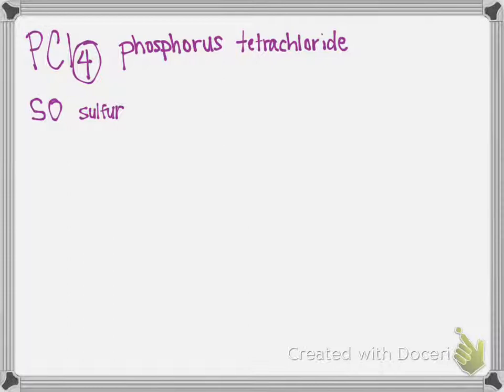So sulfur and then 1 oxygen, so you have to use the mono prefix, and it would be monoxide. So the things that you're putting together are the prefix and the "ide" ending while naming your first element and your second element.